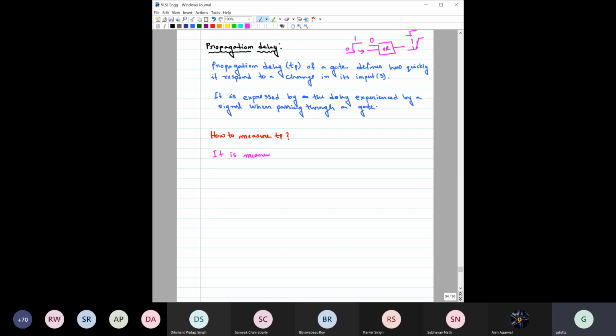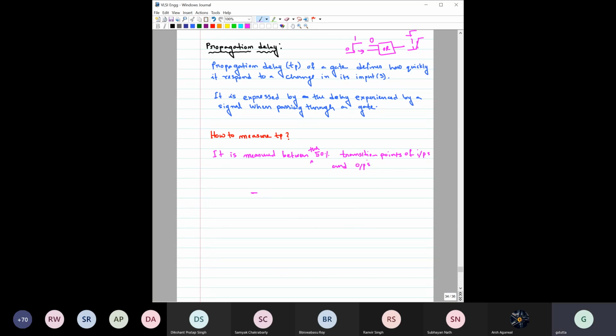I am writing it so that it would be easier for you to study later on: measured between the 50% transition points of input and output.